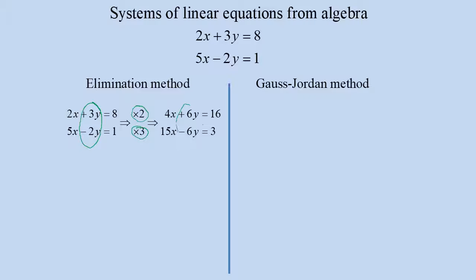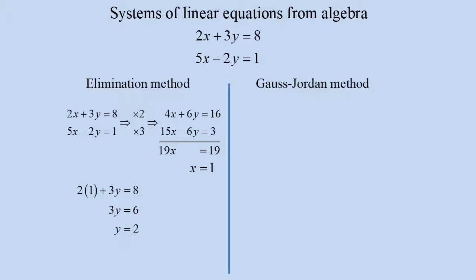That gives us matching coefficients, opposite in sign, which we can now add the two equations together. Hence the y's subtract out. That's where it gets the name elimination. We can finish solving that equation and then substitute that back into either equation to come up with the other variable. So that's the elimination method.